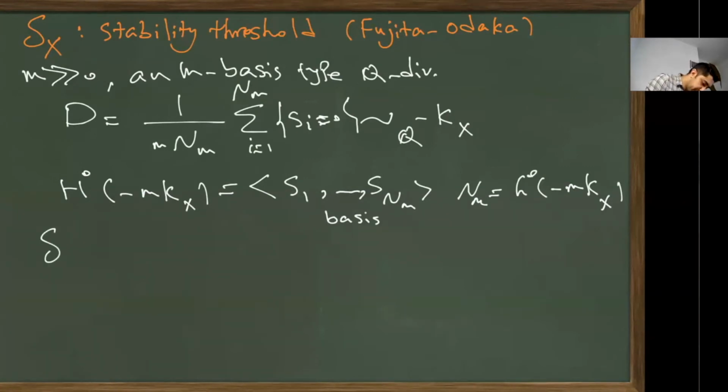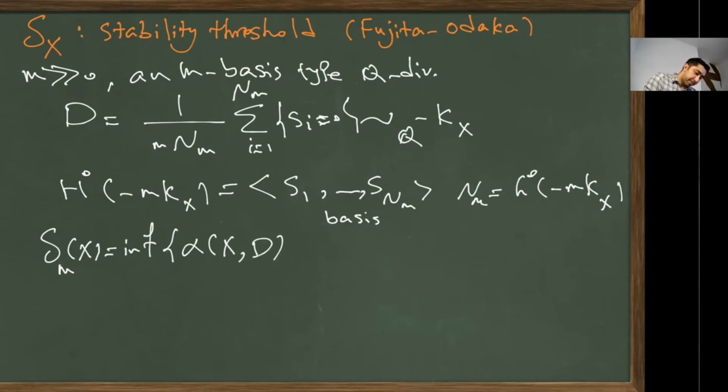Using this, you define delta_m of X to be the infimum of the log canonical threshold of X with respect to this divisor D, for all D being an m-basis type divisor as above.